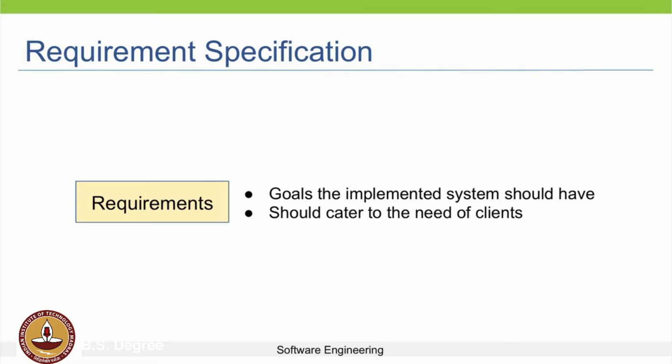So these goals are called the requirements of the system, and this is usually the first step in the software development process. Ultimately the software component will be used by different types of users, and these users are known as the clients, and we need to ensure that the requirements cater to their needs.